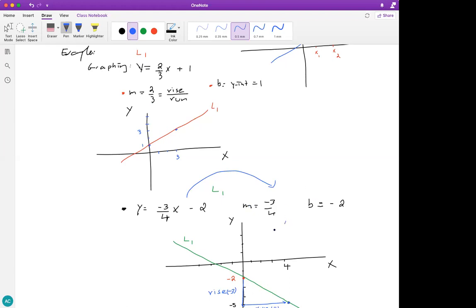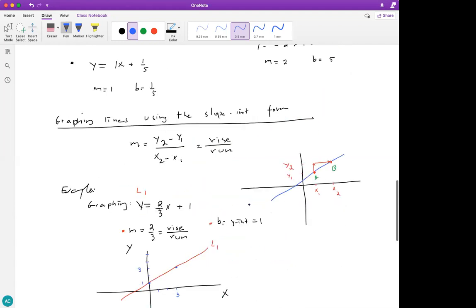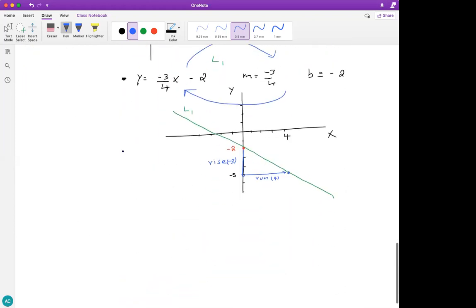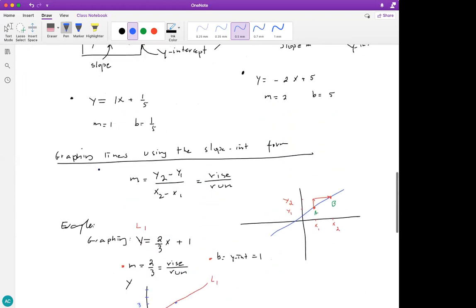We can go backwards. If we have these and you don't have the formula, you can go backwards and write an equation, basically, simply by plugging these two values into this form here. If we have M and B, we can substitute them here, and then we have our equation. So it's very simple.